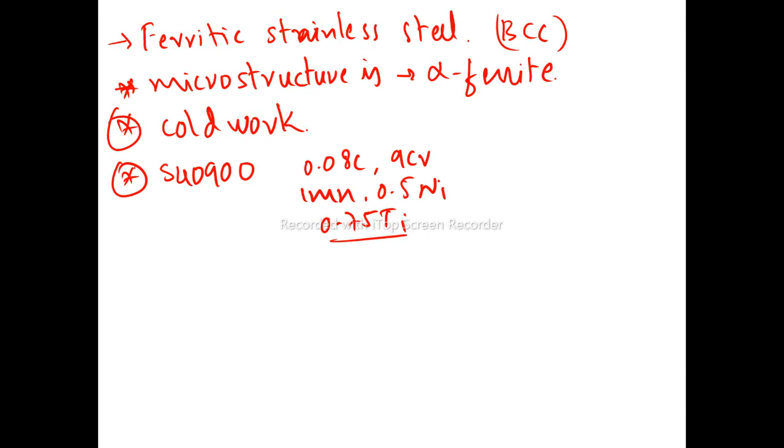When compared to plain carbon steel, which is only malleable and ductile, the ferritic stainless steel is a little bit harder, with increased strength and corrosion resistance. It's a little bit ductile.